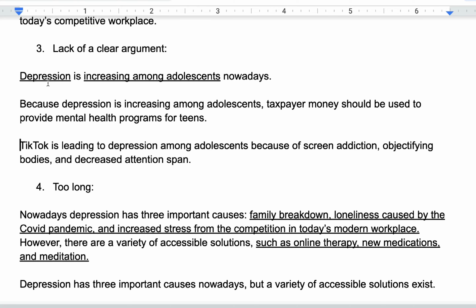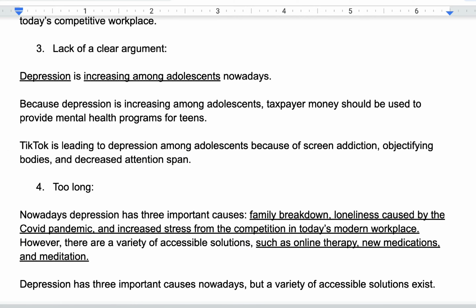Well, I still want to think about depression and how it's increasing among teenagers, but I decided to get more specific and think, well, where is this coming from? And then I thought about how the use of TikTok could be contributing to this. And I thought about why. And then I thought about these 3 reasons. So now you can see that this thesis statement is much more interesting and more specific than the original one.